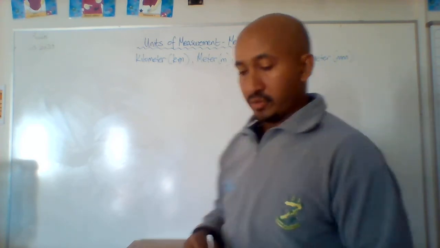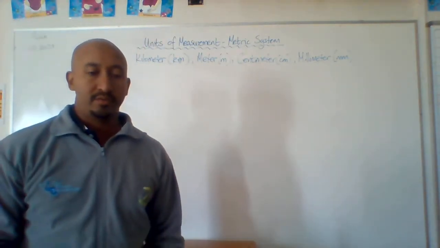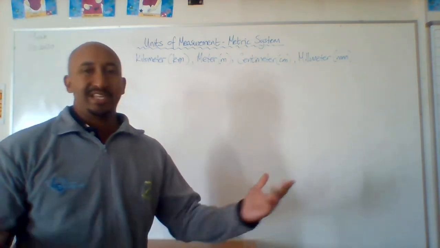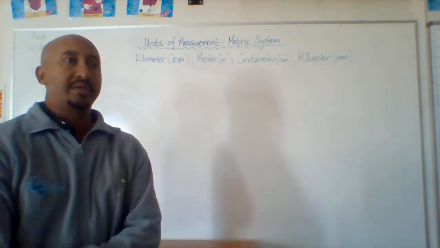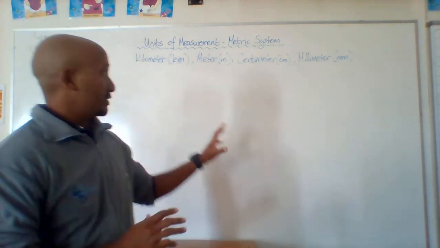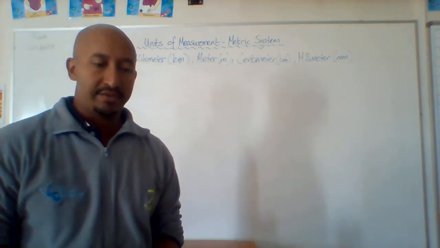And those are the four units of measurement in the metric system that you will need to focus on the most. I know that we did look at some of the larger ones like decameter, hectometer, and things like that, but you shouldn't worry about focusing on those, because we want to pay attention to the four most common ones, the ones that we use in everyday life.